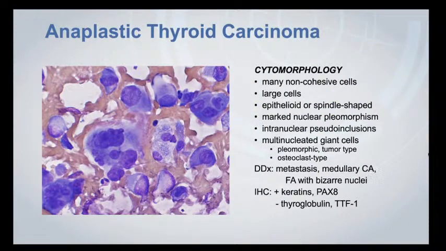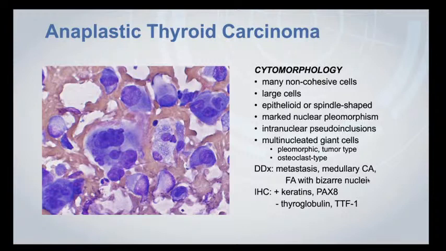So again, this is our summary slide. I will just emphasize the differential diagnosis, including the metastasis. We talked about the pleomorphic variant of medullary carcinoma. And I want to add another entity here, which isn't very well described in the cytology literature, but is certainly described well in the histopathologic literature and is described in the WHO.